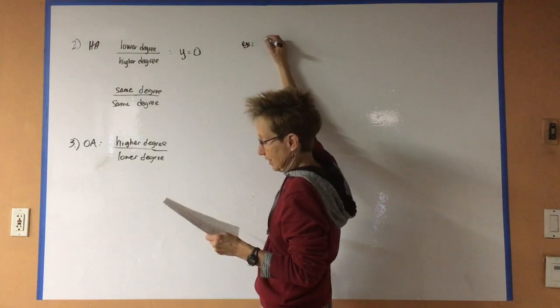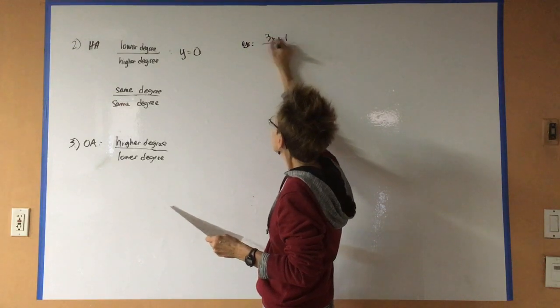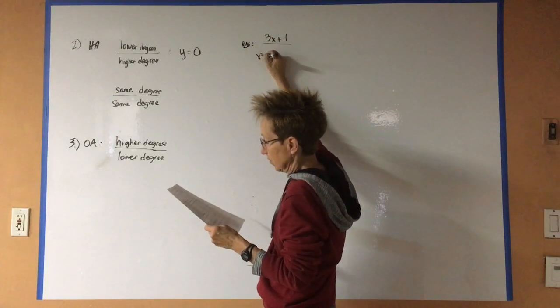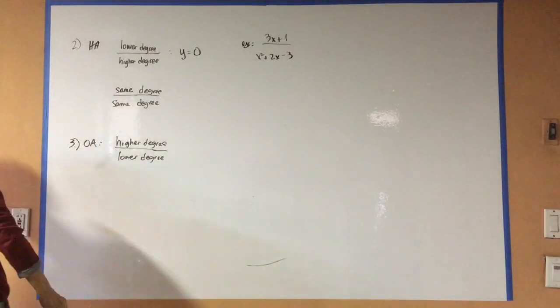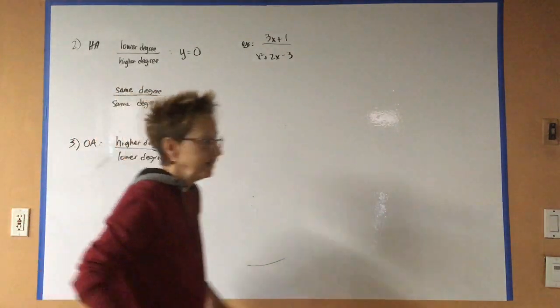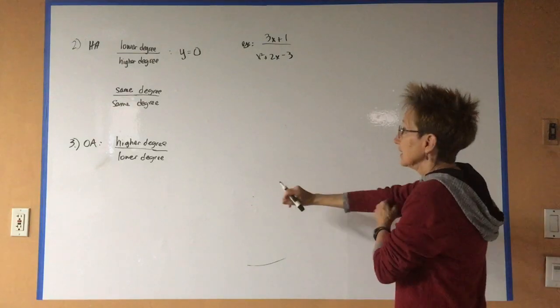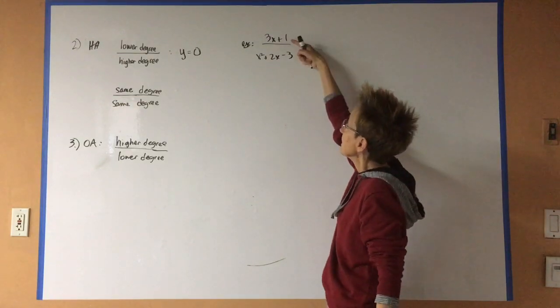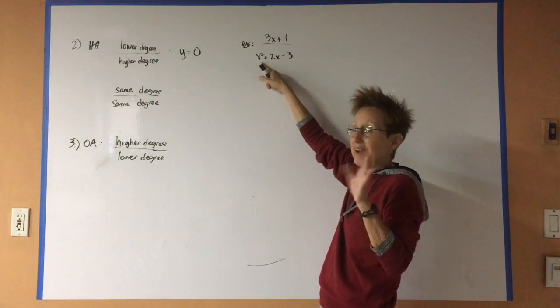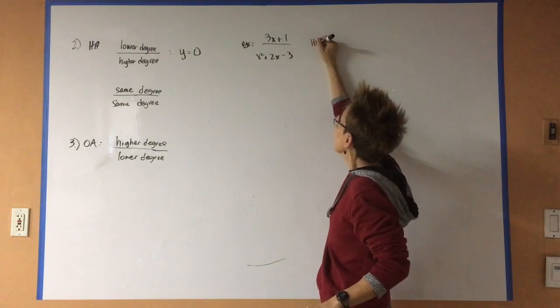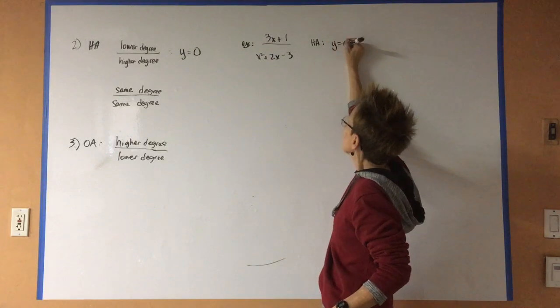In terms of a concrete example, I wrote down 3x plus 1 over x squared plus 2x minus 3, and I asked what the HA or OA would be. When I look at this, what I see is degree 1 over degree 2, lower over higher. Automatically, HA is y equals 0.